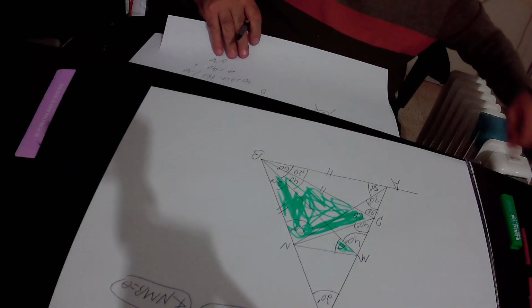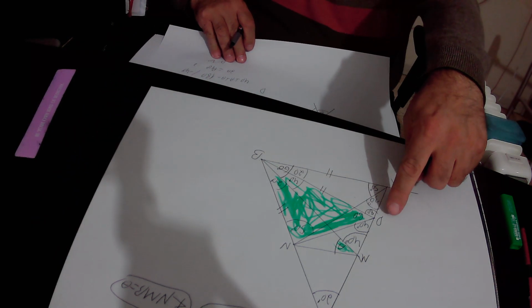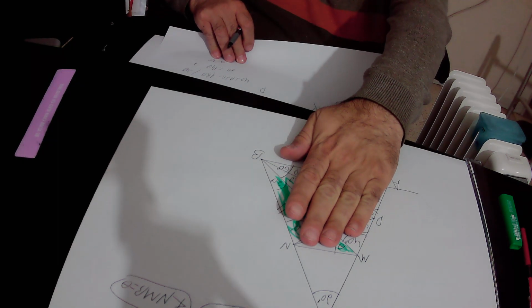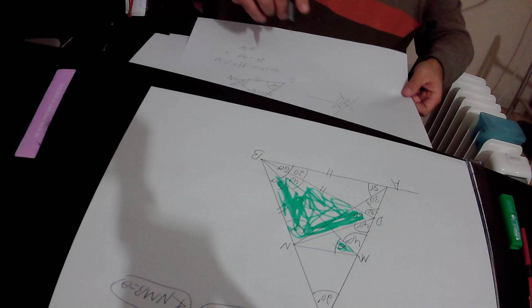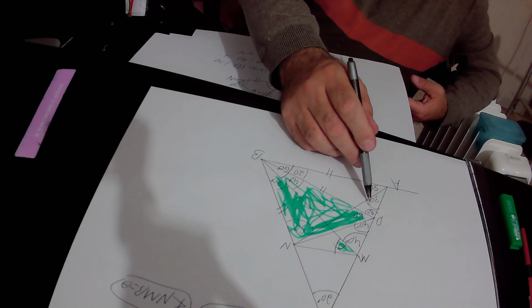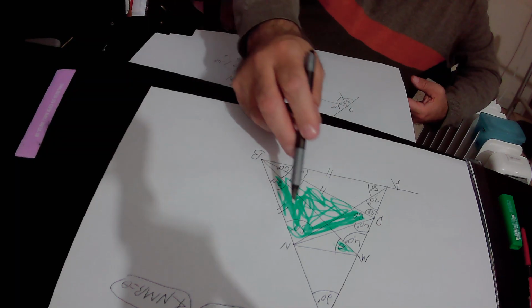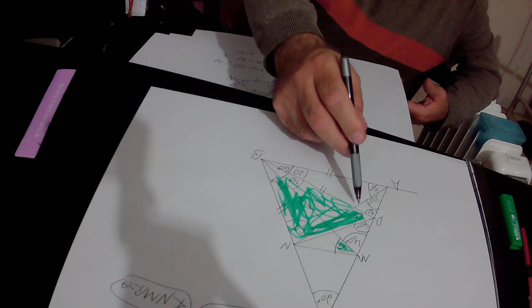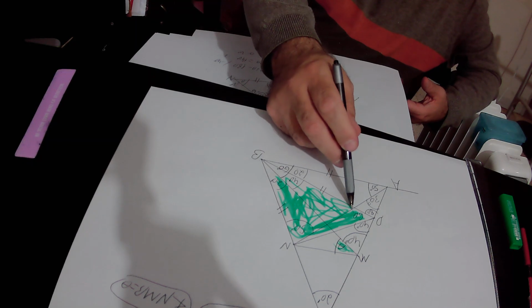Then we focus on point D, at this side of point D. Which angles do we have at this side of point D? We have this angle that is 80 degrees. The green triangle is an isosceles triangle, therefore this angle must be equal to 60 degrees.